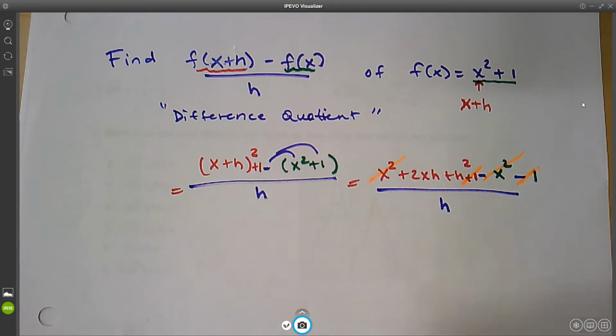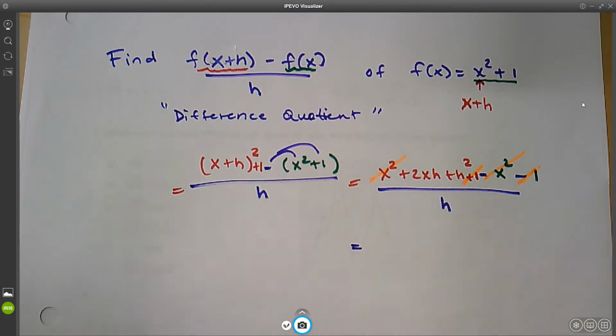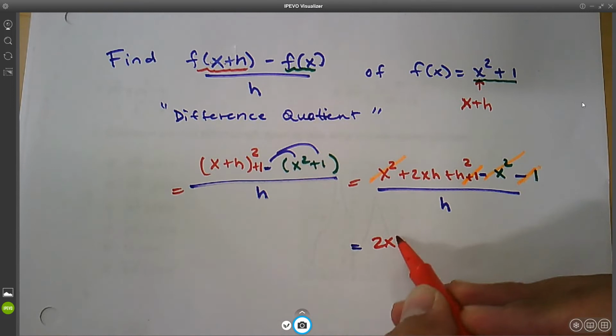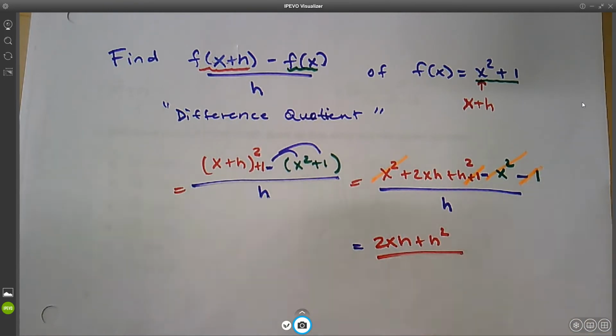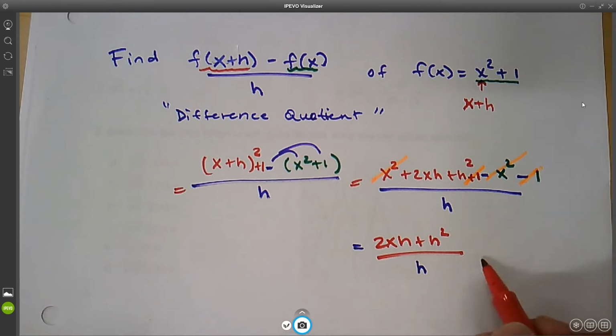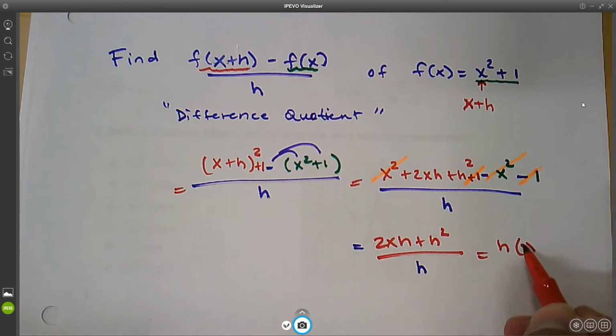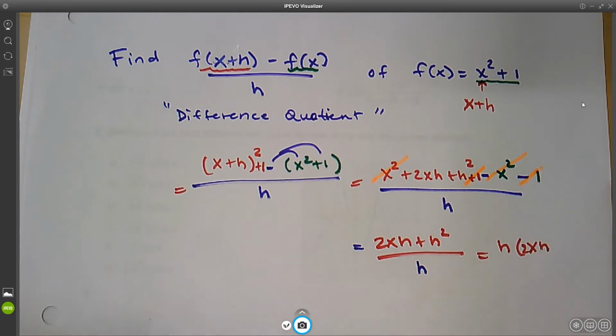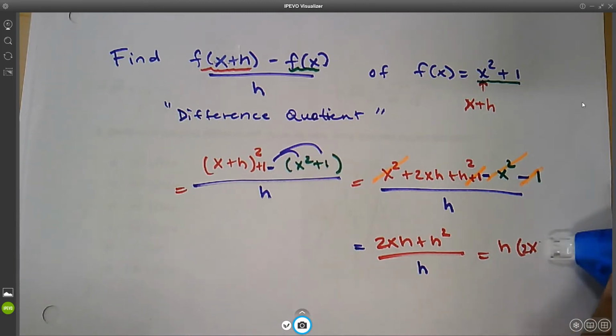Okay, so now that it is fixed, what we have left is this part over h, and then you guys will factor out the h. No more h's here, but one more h over there.